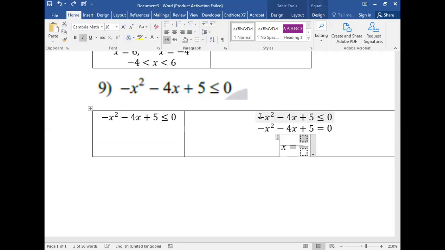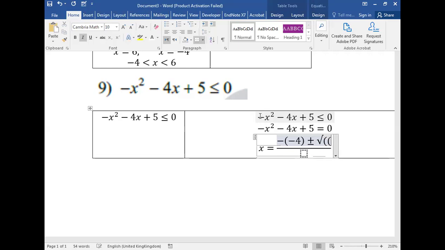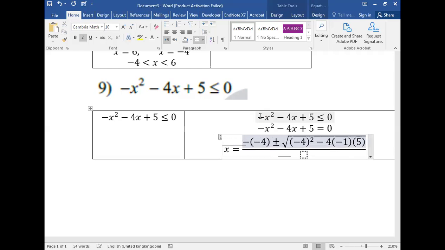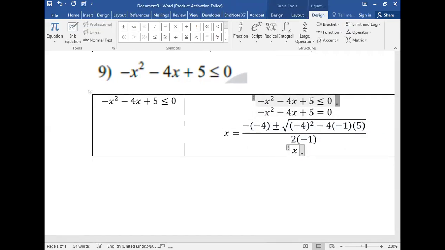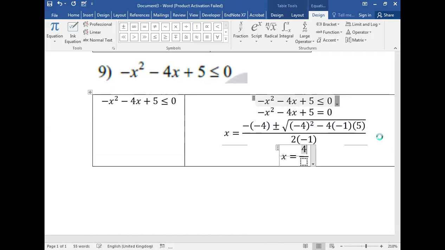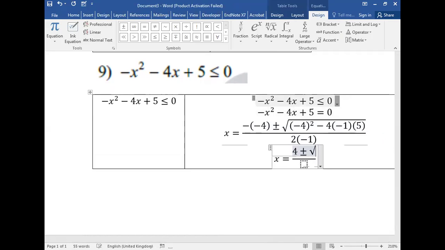X is minus b, minus minus 4, plus minus under root of b square minus 4ac upon 2a. Is that right? Solve and tell me, what are you getting? 4 plus minus under root, what is inside? 16 plus 20, 36, upon negative 2.